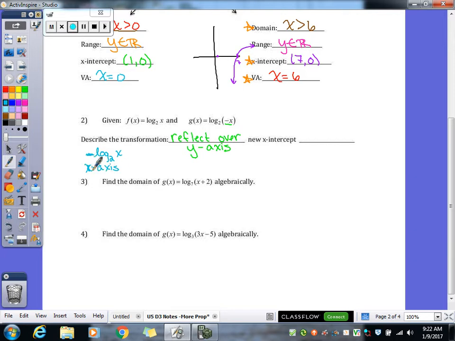Negative in front, x-axis; negative with your x is your y-axis. That's just a little side note for you. So if I had taken it and reflected it over the y-axis, here's my original graph. If I then reflect it over here, it's going to go this way. So our new x-intercept would be at negative 1, 0.